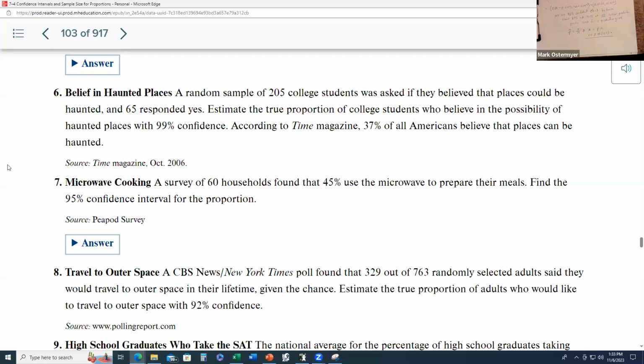This time, ladies and gentlemen, you can just build a confidence interval using your calculator. No, I'll tell you what, I still want you to do it manually. So I want you to build this 99% confidence interval manually and using your calculator. And then in the end, we're going to see if this 37% is actually found in our 99% confidence interval. Okay, go ahead and do that number 6. Do it both ways.